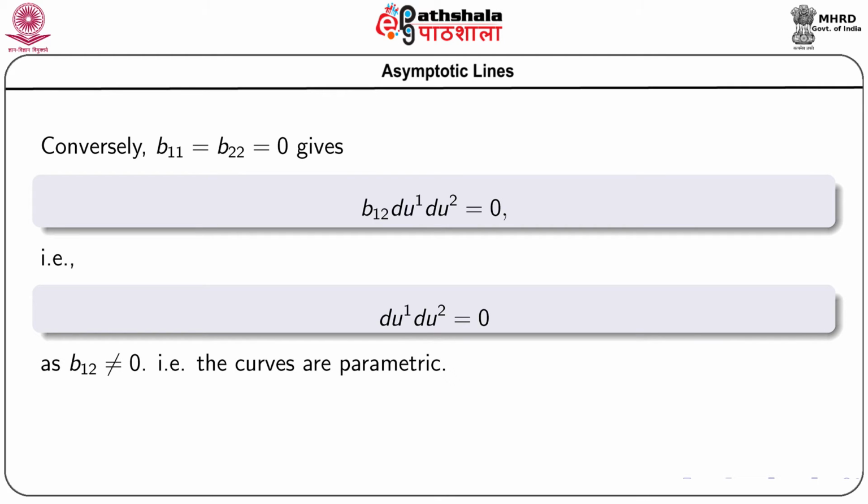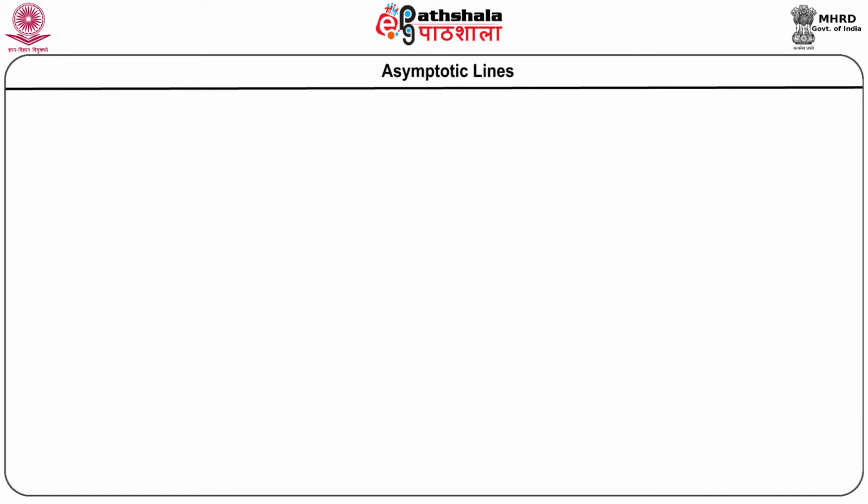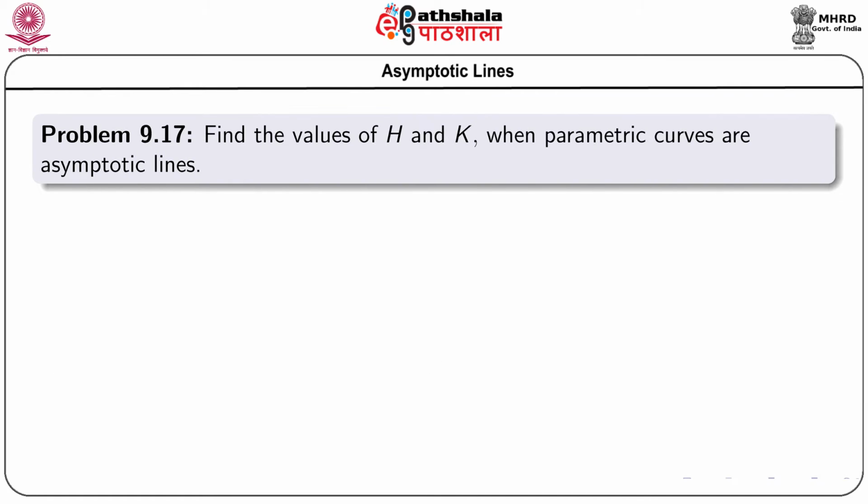Now, as b12 is not equal to 0, therefore, the curves are parametric curves, because if we take d1 equals to 0, then we get u1 curves, and d2 equals to 0 gives u2 curves.